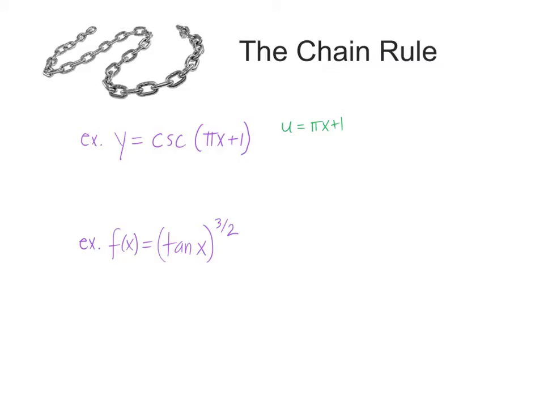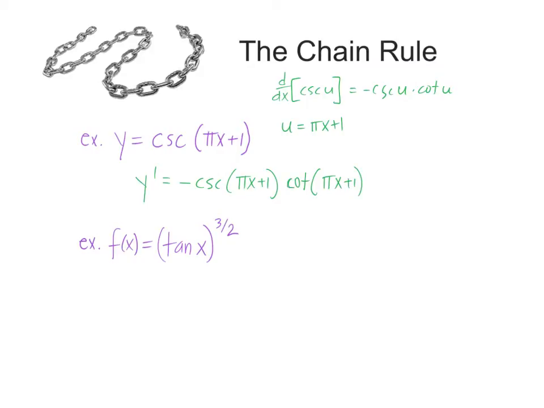Okay, so in this top one, cosecant of something. The derivative of cosecant is negative cosecant cotangent. So our rule, if we looked it up, would look like this. The derivative of cosecant u is negative cosecant u times cotangent u times u prime. Okay, so if our u is pi x plus 1, our derivative of that thing is negative cosecant of the same argument times cotangent of the same argument times u prime.